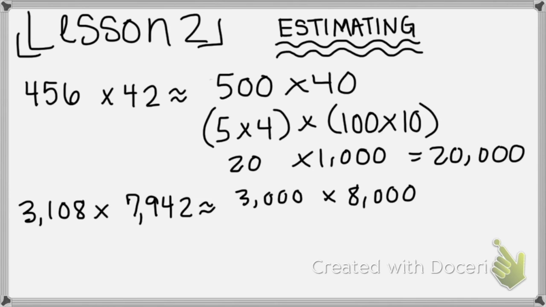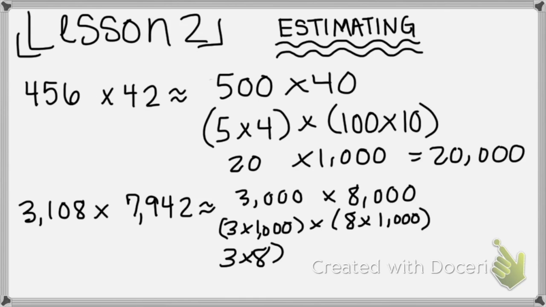So I have 3 times 1,000, and 8 times 1,000. And we can reorder those to multiply 8 times 3 first, and then multiply that by 1,000 times 1,000, which would be 1,000,000.